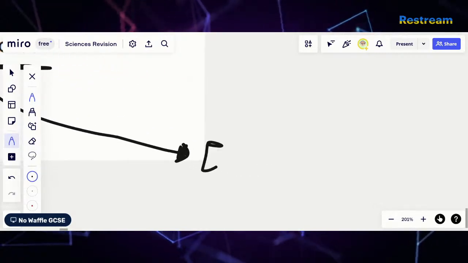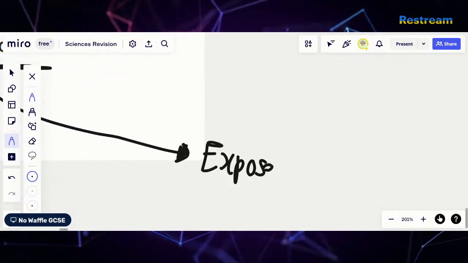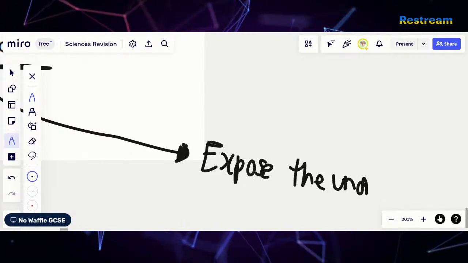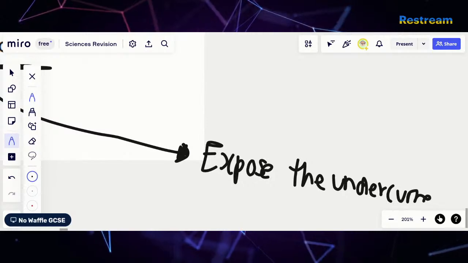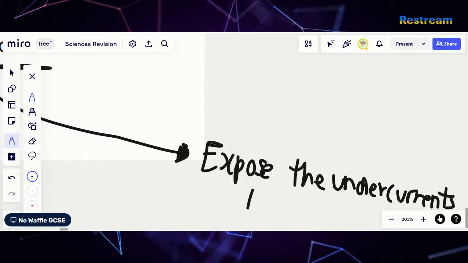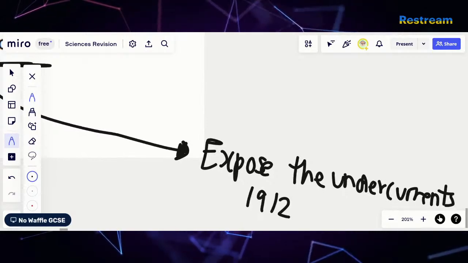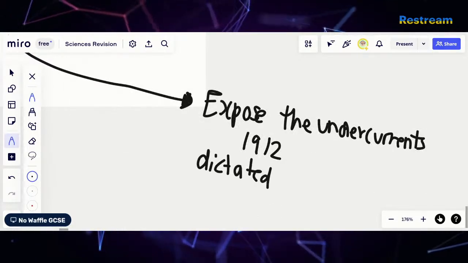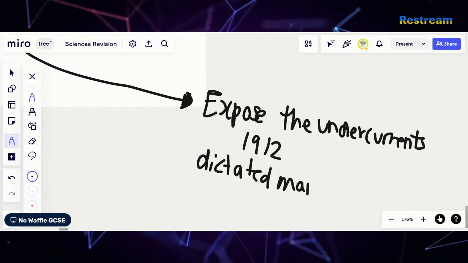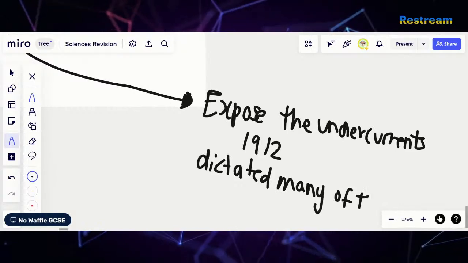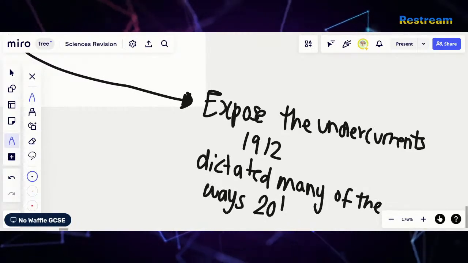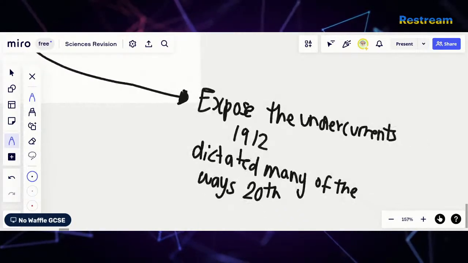The first role is that he tries to expose how the undercurrents of 1912 dictated many of the ways that the 20th century evolved.